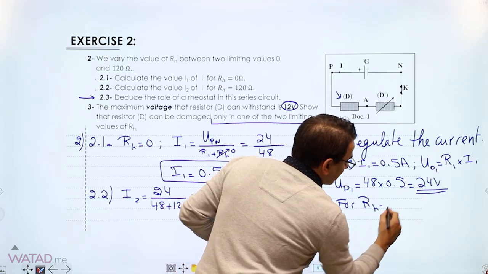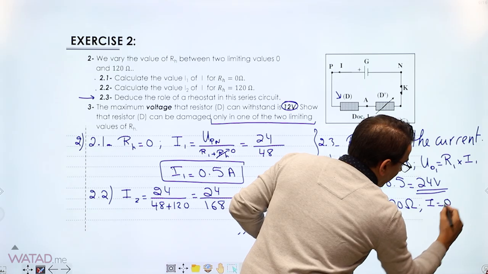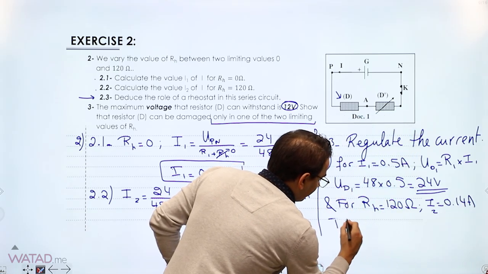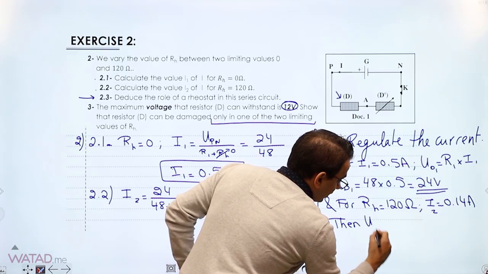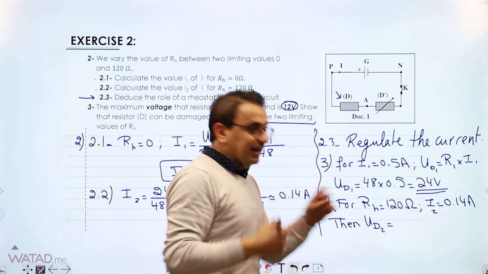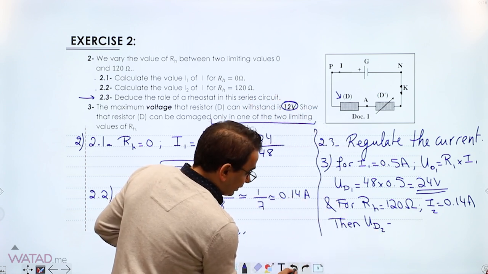And for RH equals 120 ohms, I2 equals 0.14 ampere, then voltage UD in case 2, or I'll just get rid of this 2 so that it won't give you any confusion.